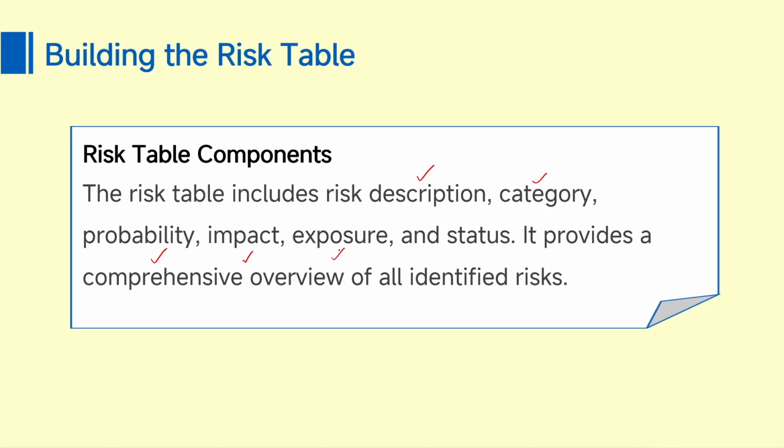So, risk will have a risk number, a description, what category it belongs to, what is going to be the probability, which means the likelihood of occurrence, impact, how much it is going to affect the project, and the risk exposure. So, based on these contents we are trying to identify the risk prioritization.